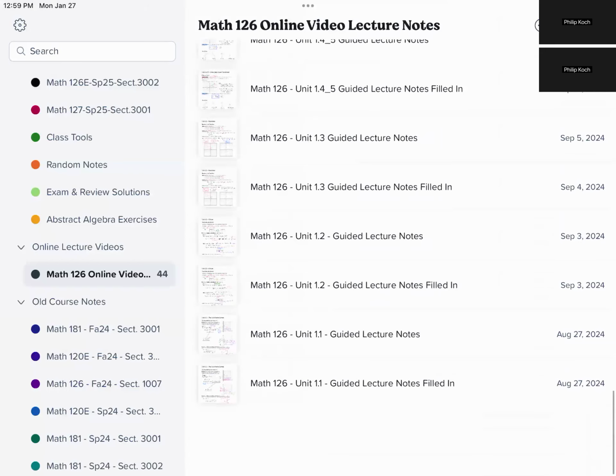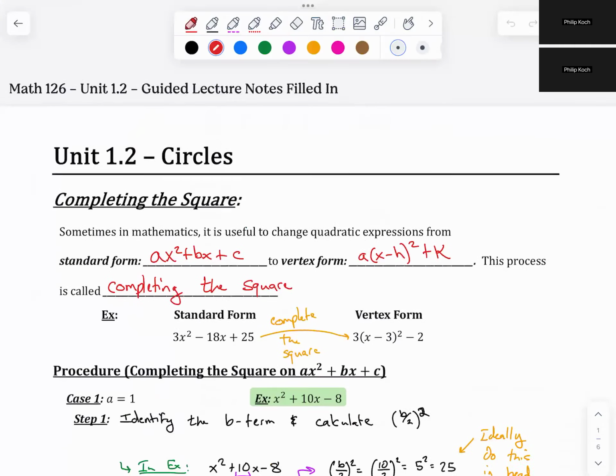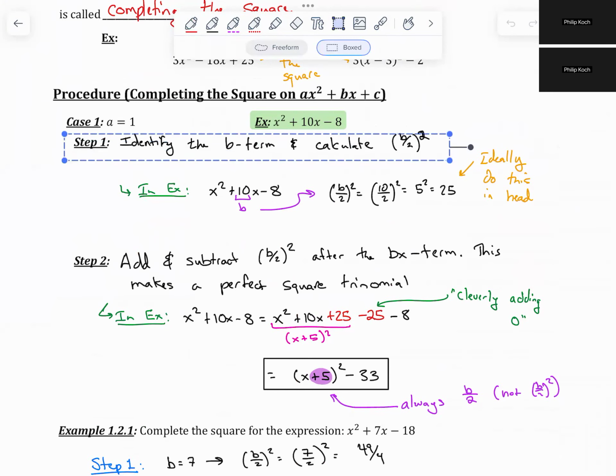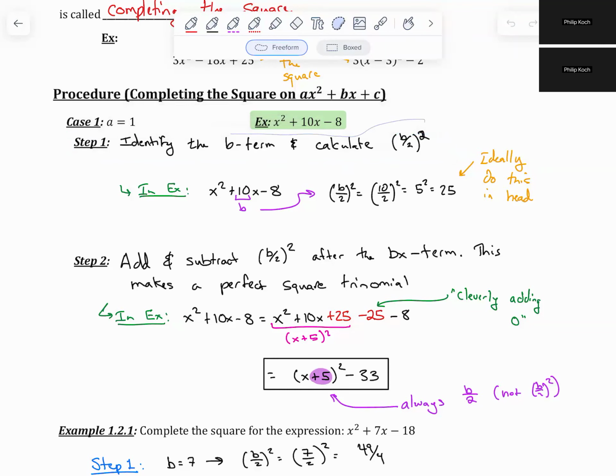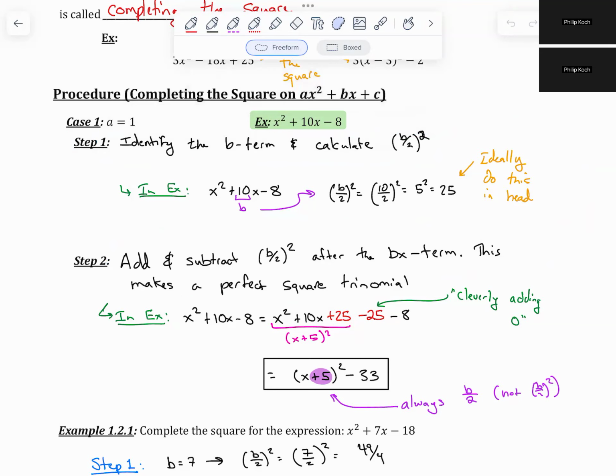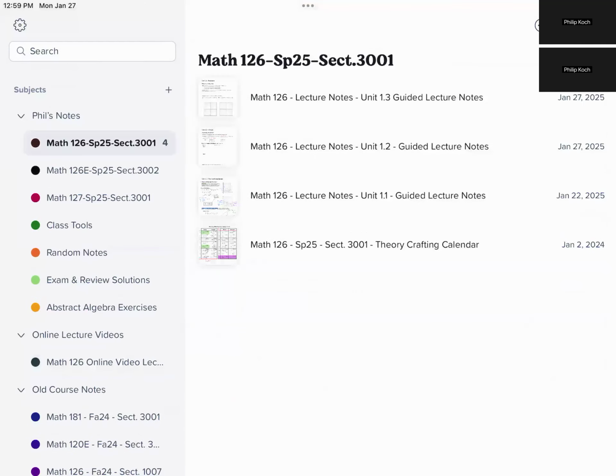Apologies. There we go. That's what I wanted to identify. Let's use freeform actually. Grab this. And this. Apologies, everybody.